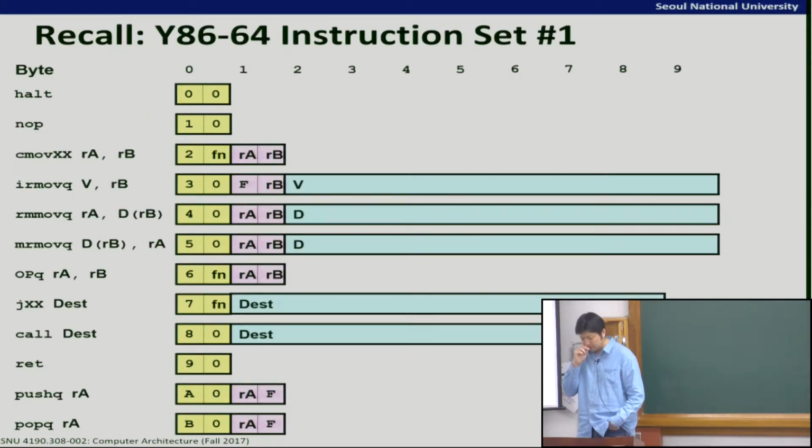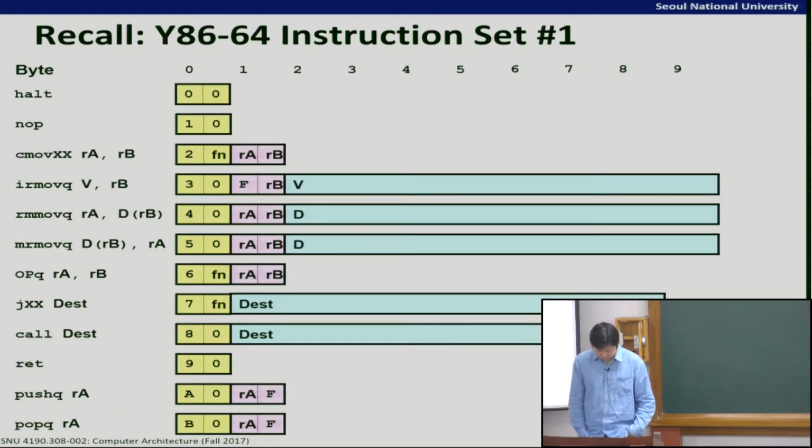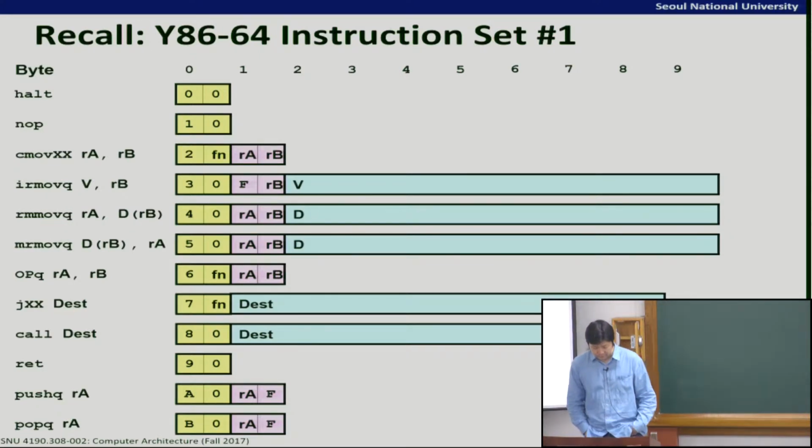Here, this is the instruction set we want to implement. We want to make a finite state machine that can take these instructions as input and moves to a new state as a result of computation. Halt, nop, all these things. Conditional move. Also there are 3 different types of moves: immediate to register, register to memory, memory to register. Operations, like ALU operations, so like add, sub, and, XOR, all these things.